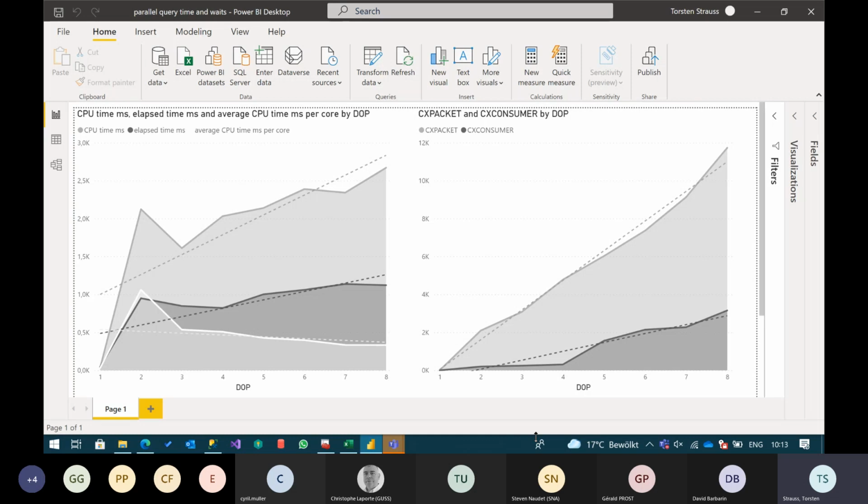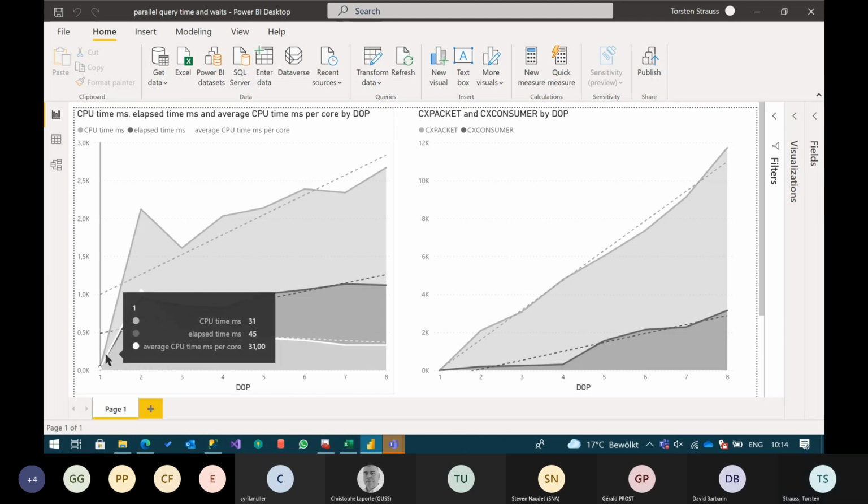So this will give you an impression that whenever you execute the query with just one thread, we can see the average CPU time is 31 and the elapsed time is 45.